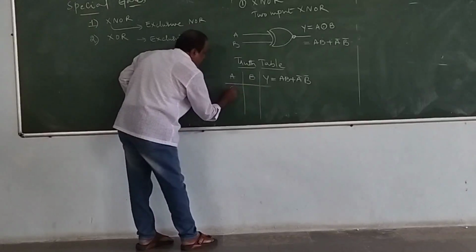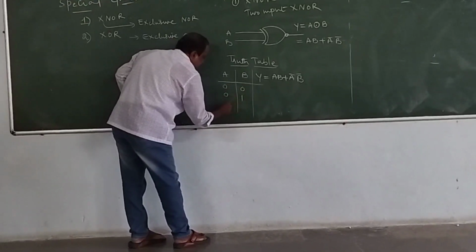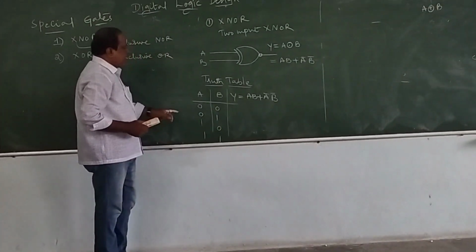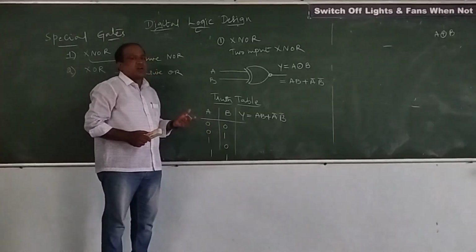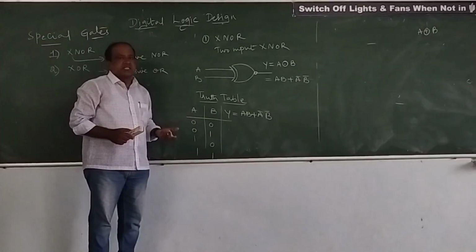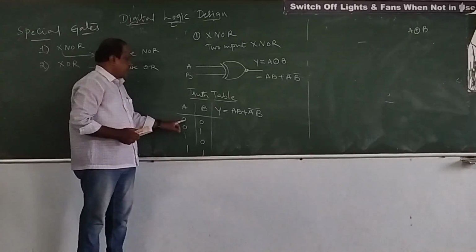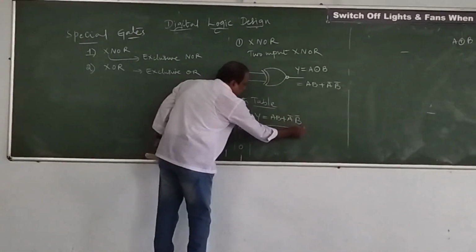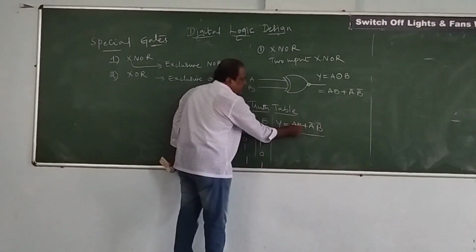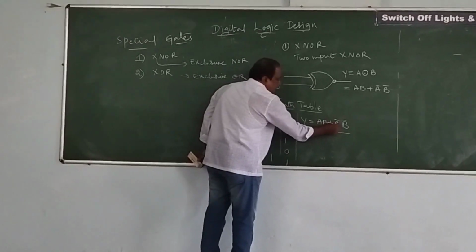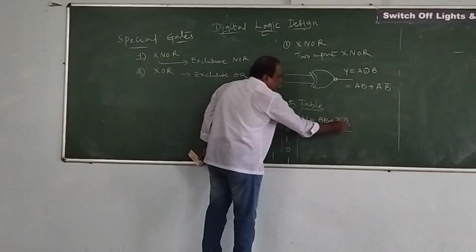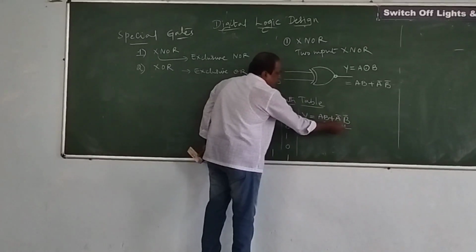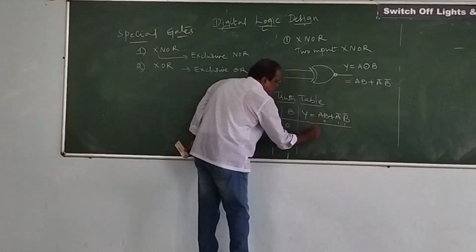Now we see how to build the output values for these input combinations. Zero is low and 1 is high in digital systems. First case, A is 0 and B is 0. AB will be 0. A bar will be 1, B bar will also be 1, so 1 into 1 will be 1. 0 plus 1 will be equal to 1.